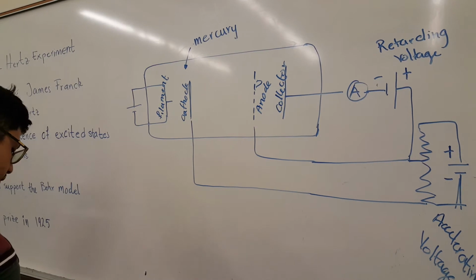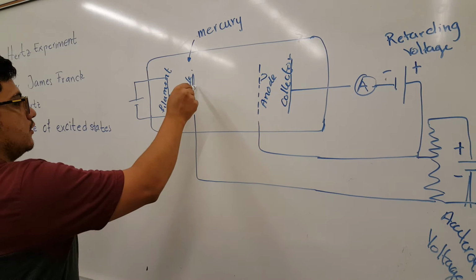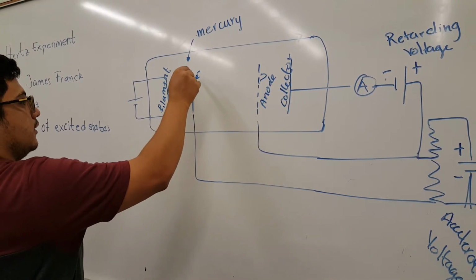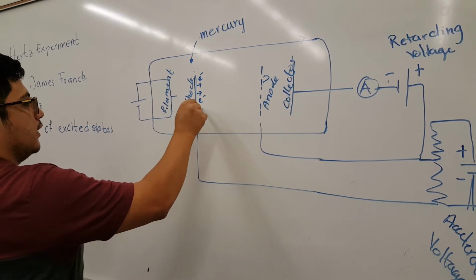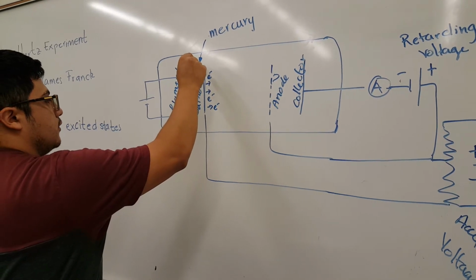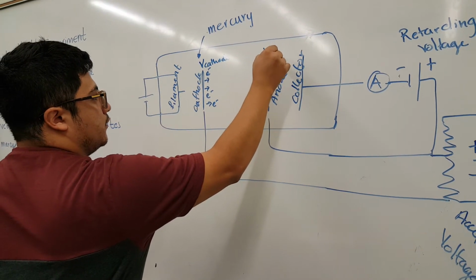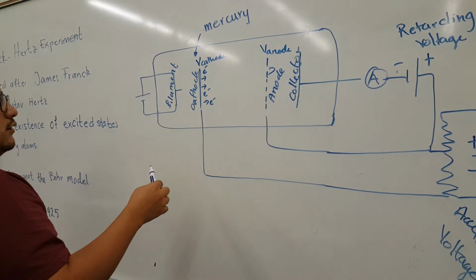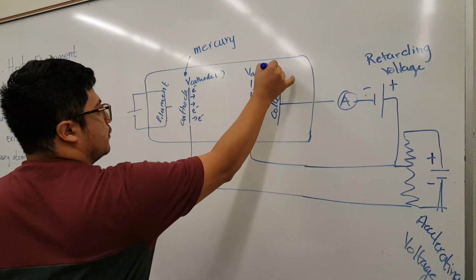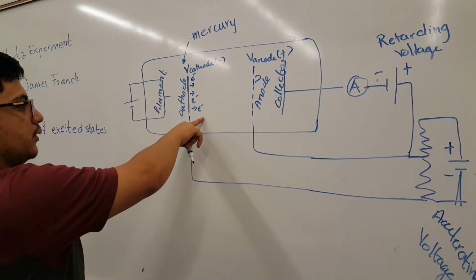This filament is heating this cathode, and in doing so, it causes electrons to be emitted from the cathode plate, which is held at a negative potential. So let's say cathode. And then this is your anode. Now there's a potential difference applied, so this is negative, and this is positive. Once the electrons from the cathode are emitted, they're being accelerated.